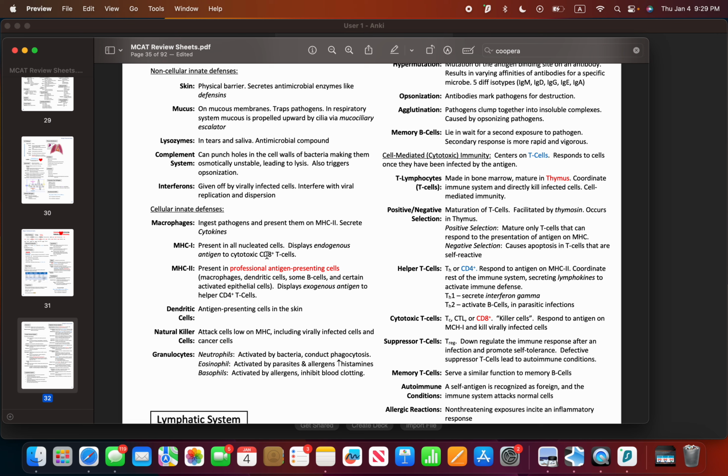Neutrophils are activated by bacteria. Eosinophils are activated by parasites and allergens. And basophils are activated by allergens. Neutrophils conduct phagocytosis. Eosinophils increase histamines, so it's mainly for allergic reactions, and basophils inhibit blood clotting.